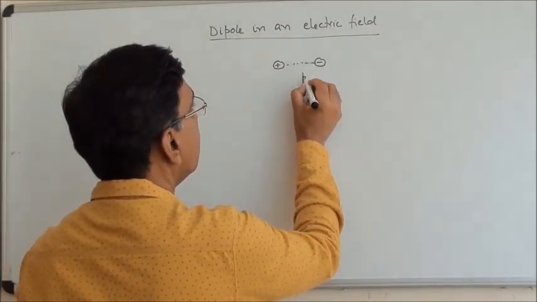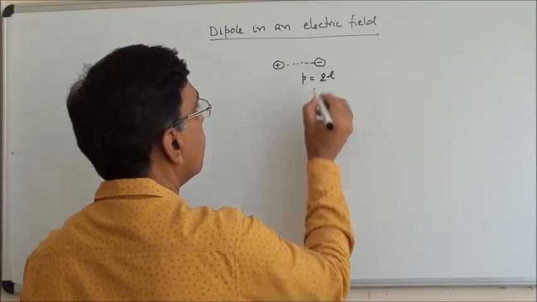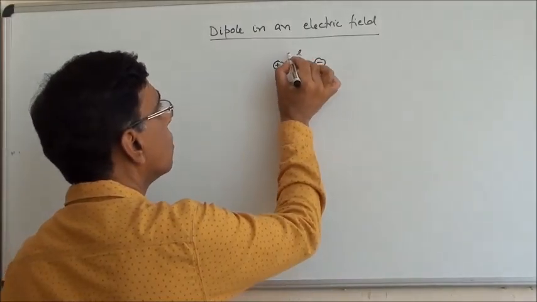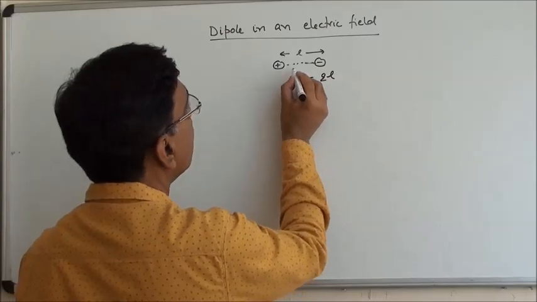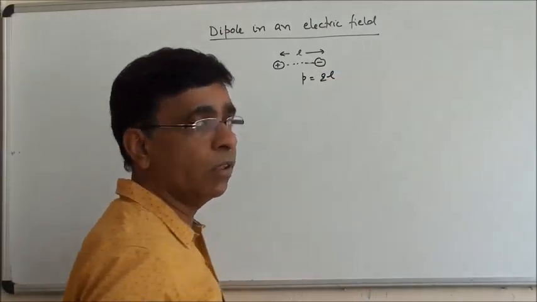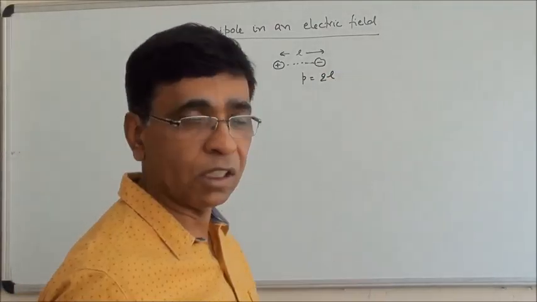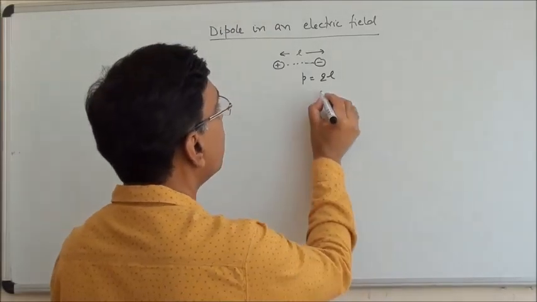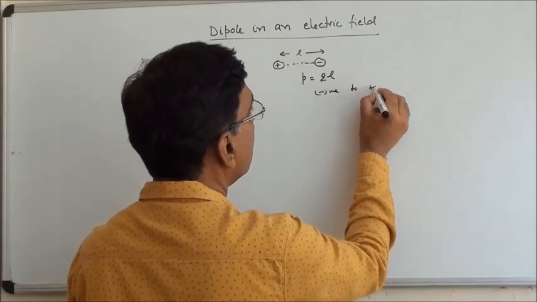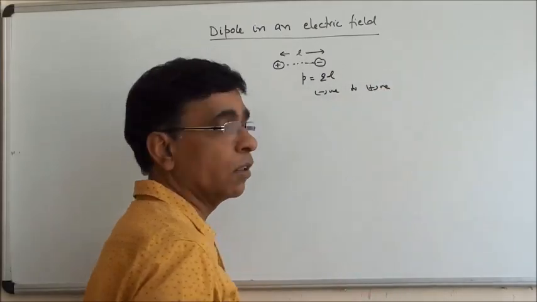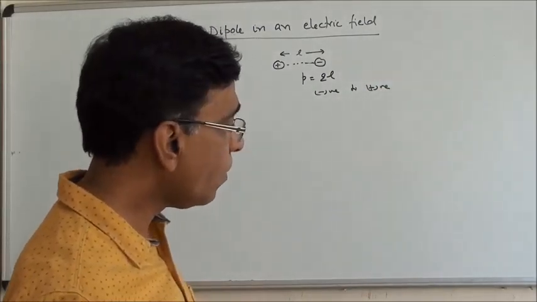Then there is a quantity, the product of the charge on any one, plus or minus, and the length of the dipole, the distance between the two charges. This is the dipole moment, and it is a vector quantity. Its direction is taken from negative to positive charge.